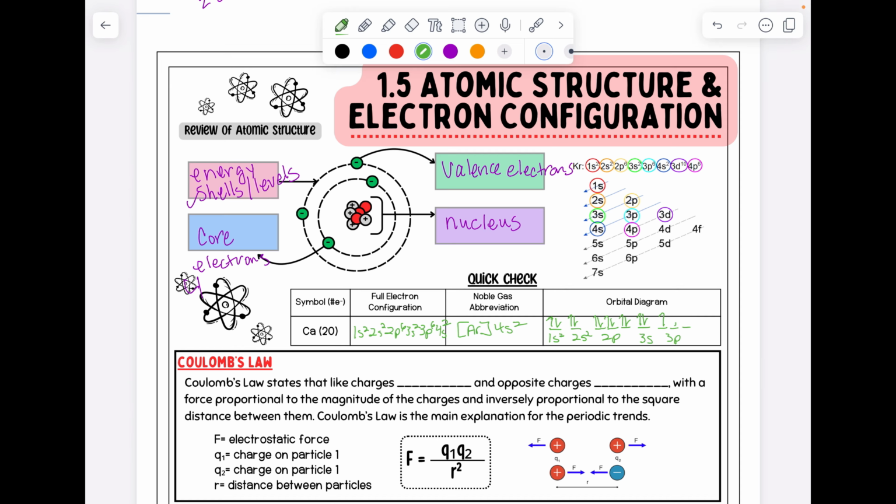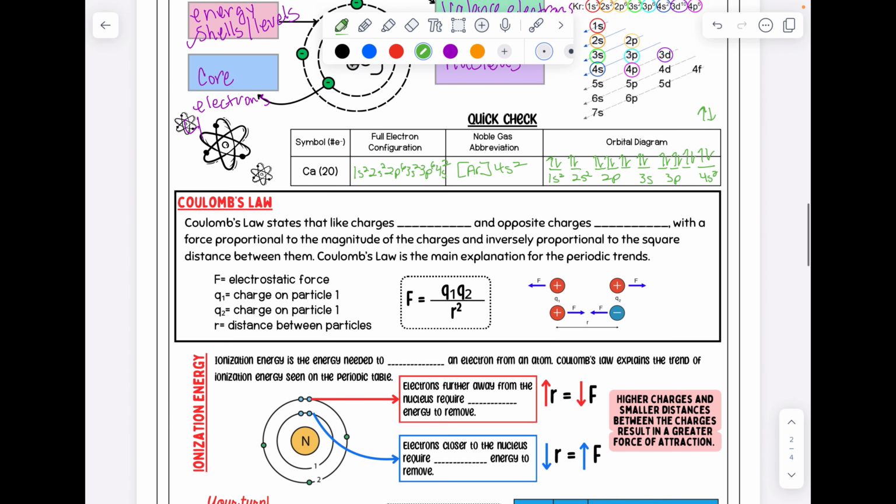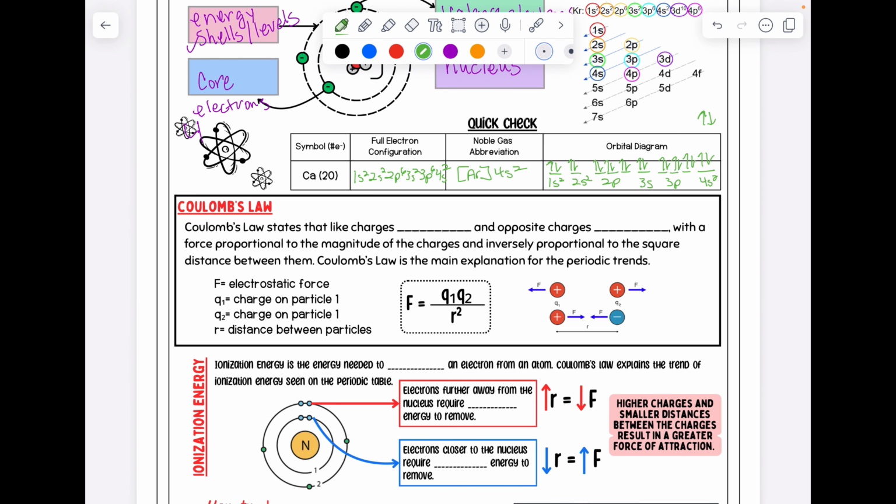You would want to make sure they all have the same spin going in separate orbitals first. Okay, so let me redraw that. Or you can just draw the arrows like that too. It doesn't matter. Okay, so that's how you do the electron configuration, the noble gas abbreviation, and the orbital diagrams.